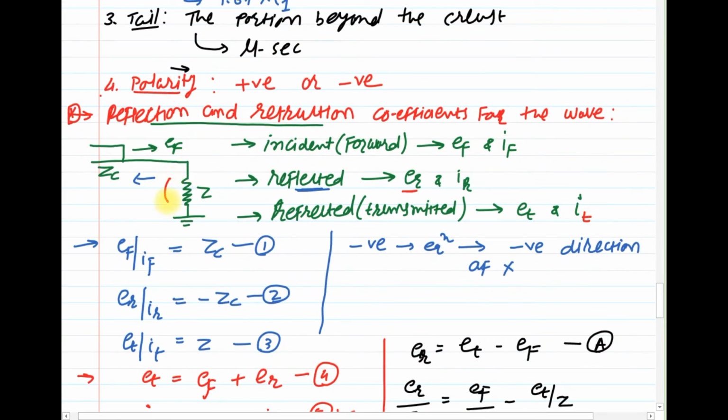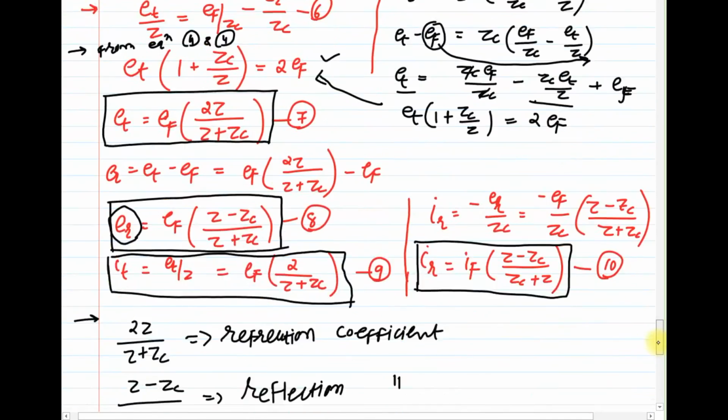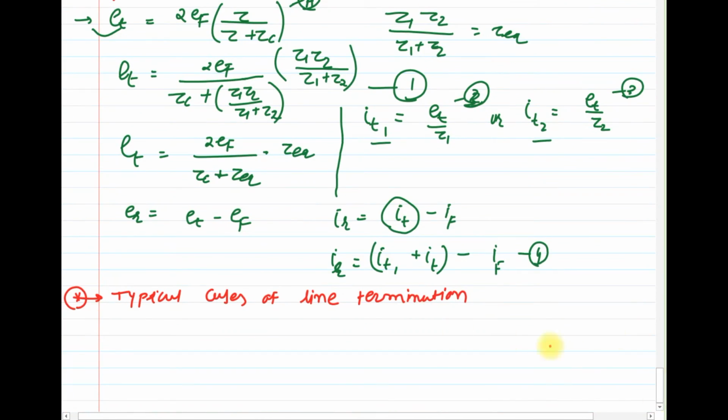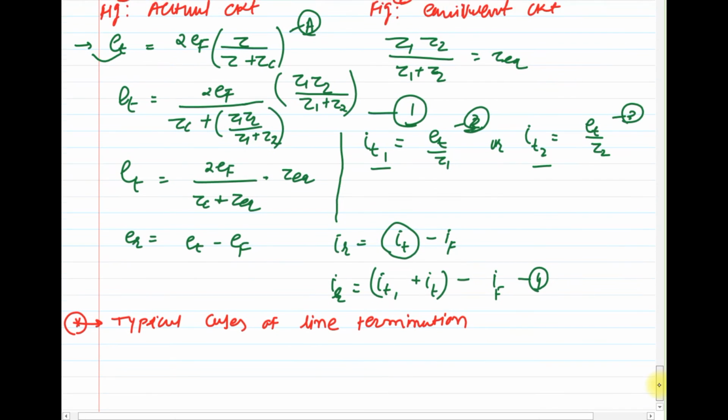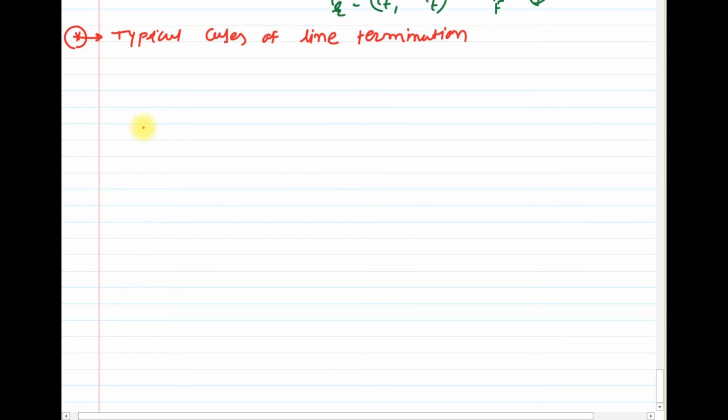Yes, we have considered this case only, where the transmission line is terminated by the impedance Z. But next we will consider the different cases of line termination. So just understand what is the case when the line is terminated in different ways.